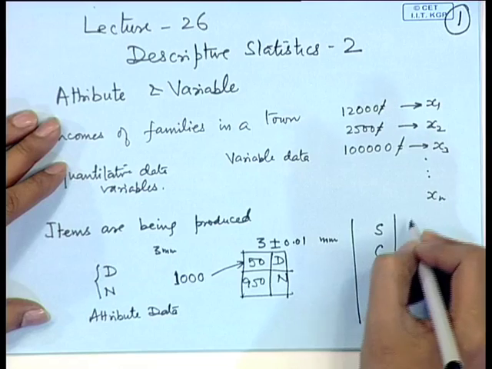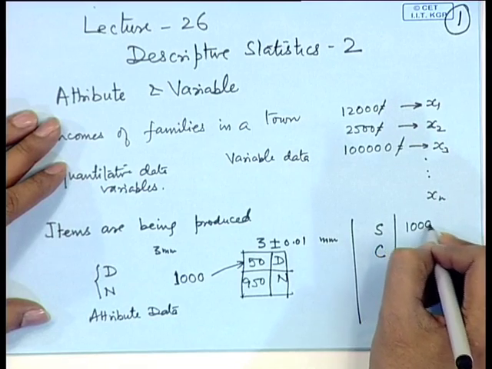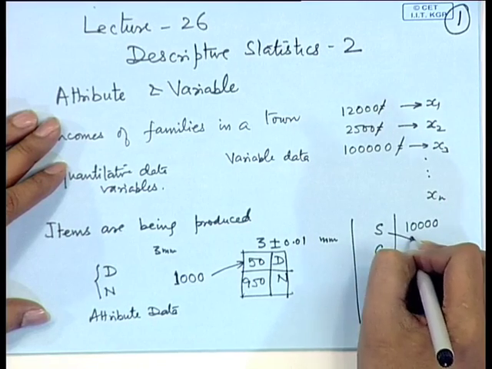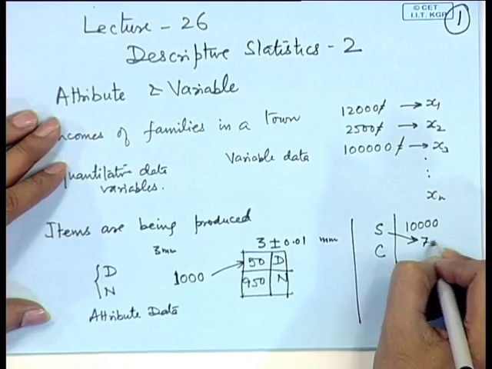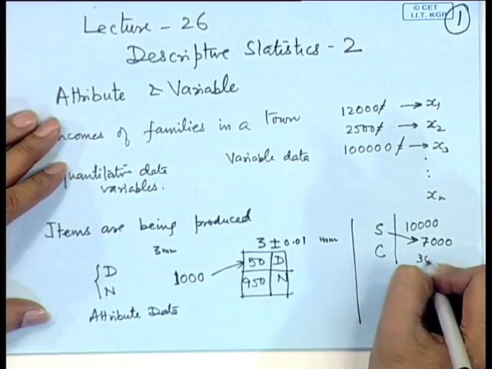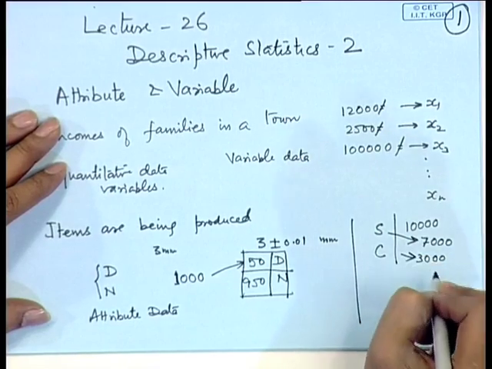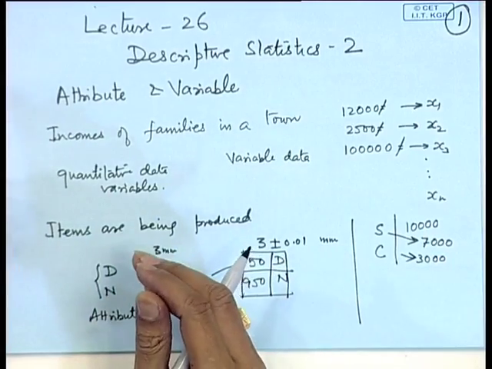So, if we have say 10,000 students, then out of this 10,000 maybe you have 7,000 as school students and 3,000 as the college student. So, whenever we classify the data according to certain property, then it is said to be attribute data. The techniques for analysis of attribute data and the quantitative data are somewhat different.